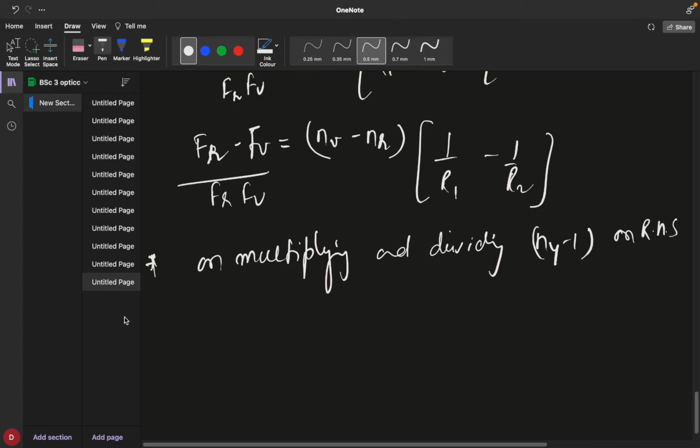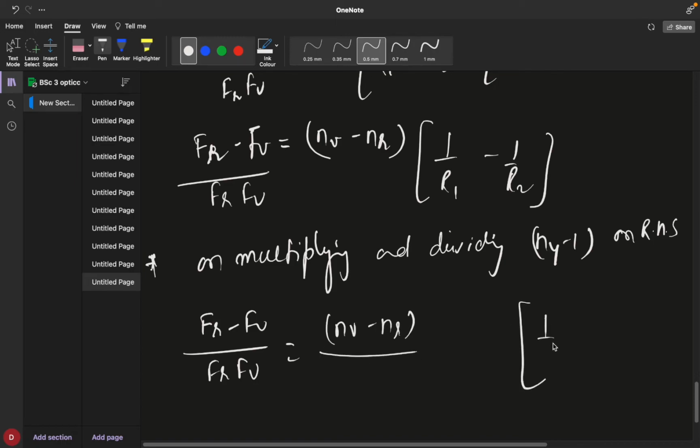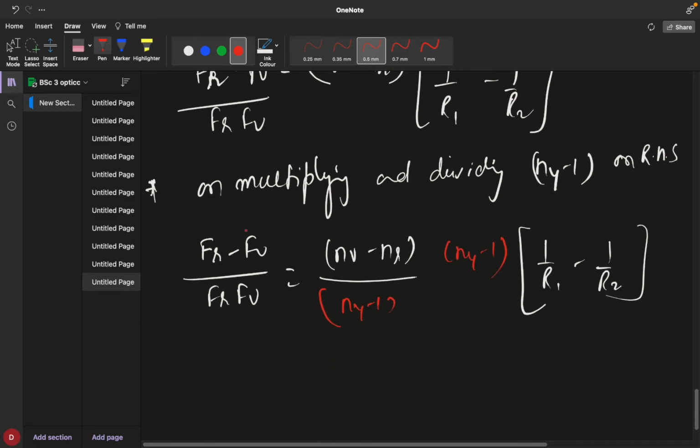So (Fr minus Fv) upon Fr Fv is equal to (Nv minus Nr) upon (Ny minus 1) times (Ny minus 1) times (1 upon R1 minus 1 upon R2). The Ny minus 1 cancels and the value is 1. I have written this in a different color so you will know that we substituted something.